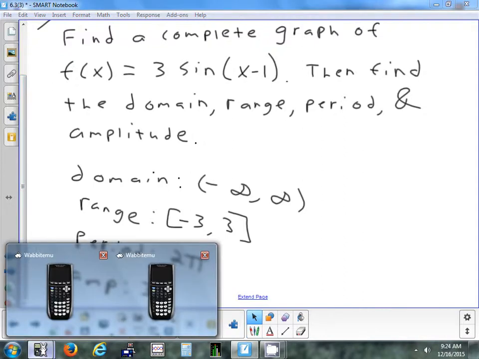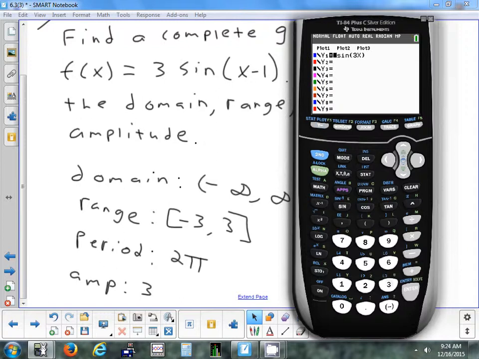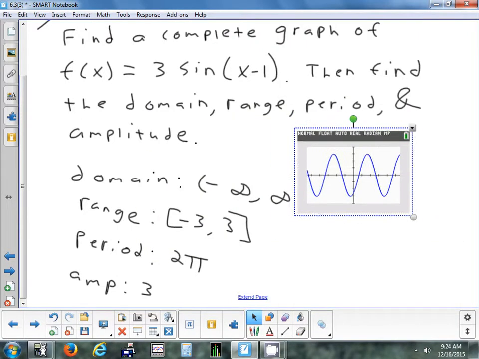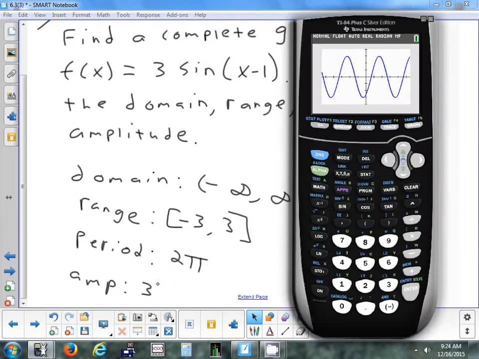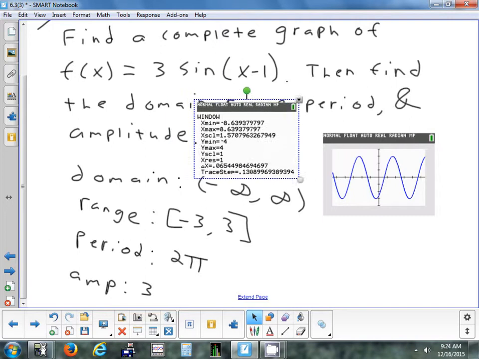So let's graph that and see what we got. 3 sine x minus 1. Okay, so there's our graph. And what we do is if they want to know what window you used, just write down your x min, your x max, your y min, and your y max.